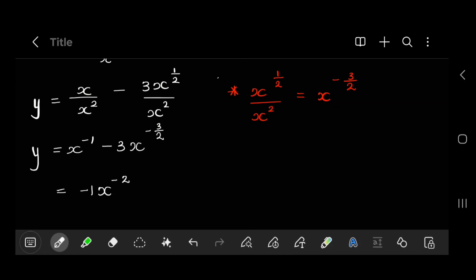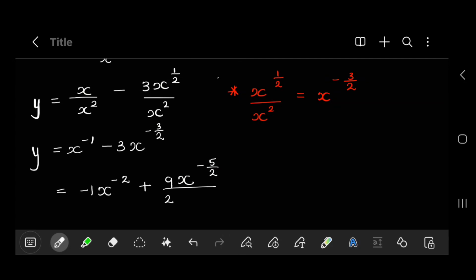Now for the second term, we're going to take the exponent, multiply by the coefficient. So firstly we have negative 3 over 2 multiplied by negative 3. That is going to be positive 9 over 2. We're going to minus 1 from this exponent, so we have negative 3 over 2 minus 1. That gives you negative 5 over 2.